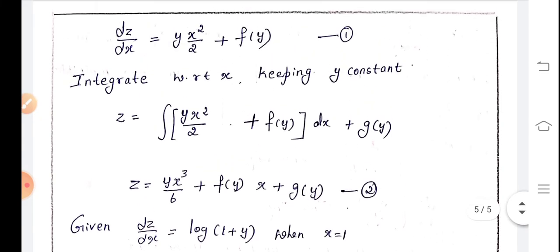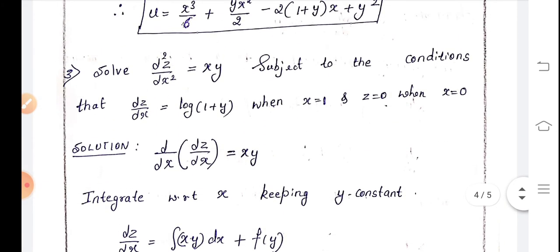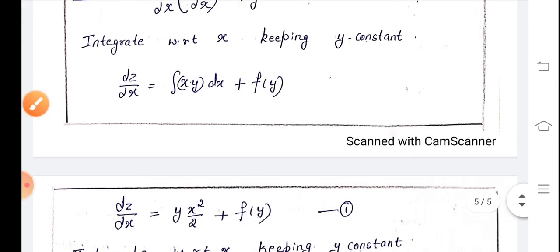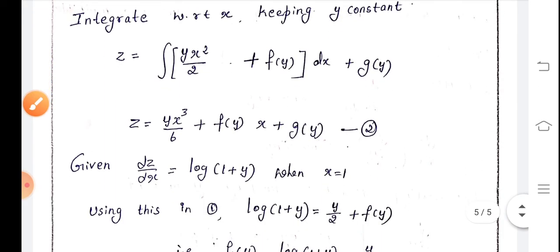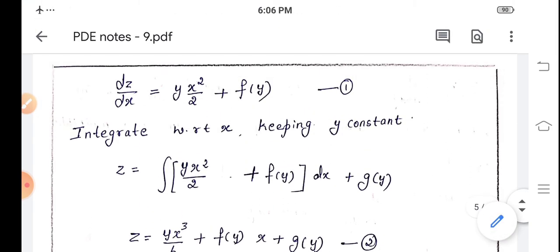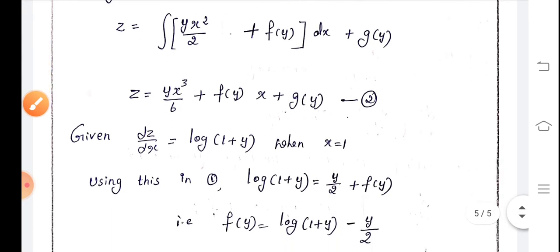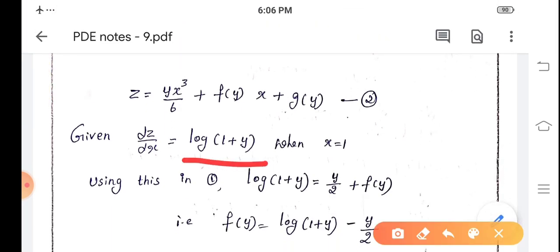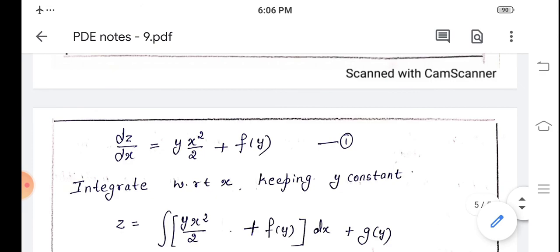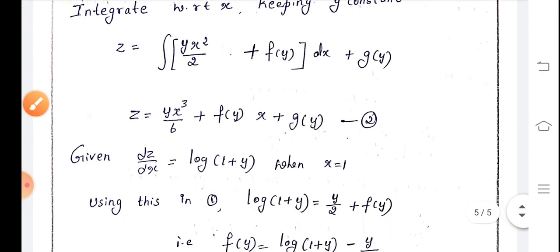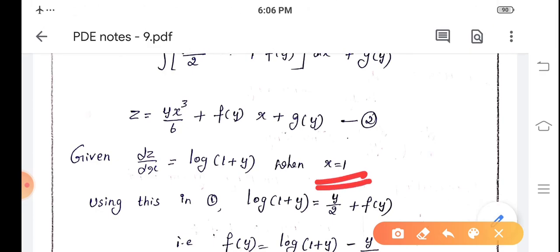Now we can use the given conditions. Given that dou z by dou x equal to log of 1 plus y when x is equal to 1. So using this condition in equation 1, we can write dou z by dou x, that is log of 1 plus y, equal to, in the right hand side we put x value equal to 1.